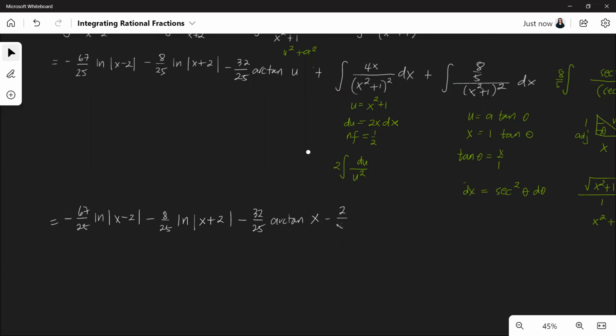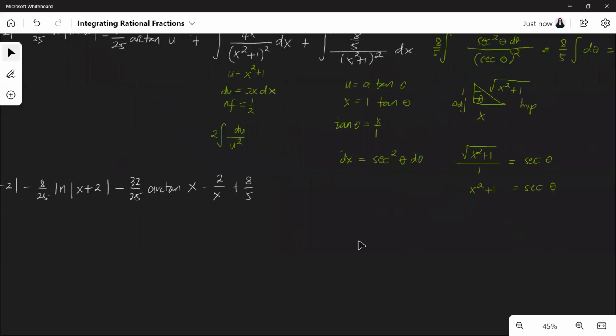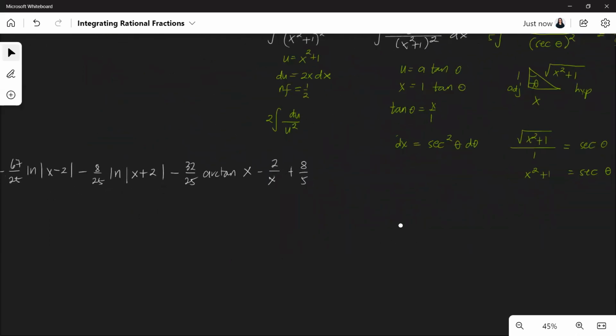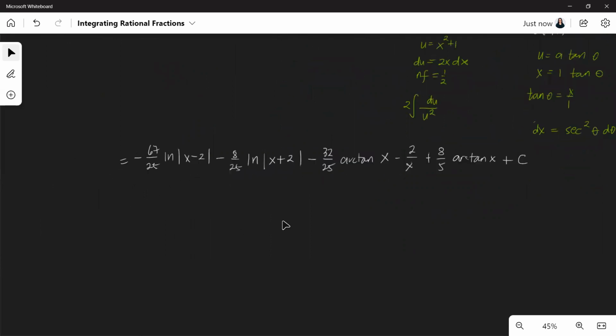And for the last term, plus 8 over 5 arctangent of x, not theta, arctangent of x, which is basically similar terms to negative 33 over 25 plus 8 over 25, or 8 over 5.